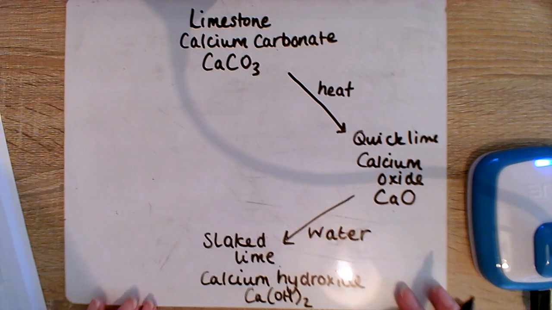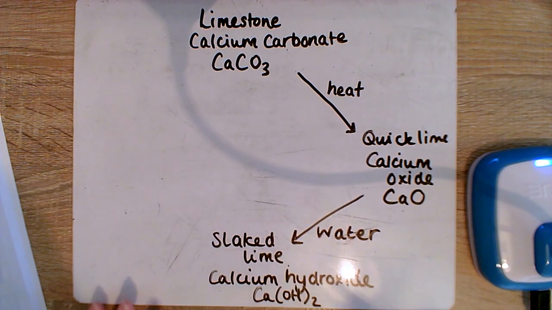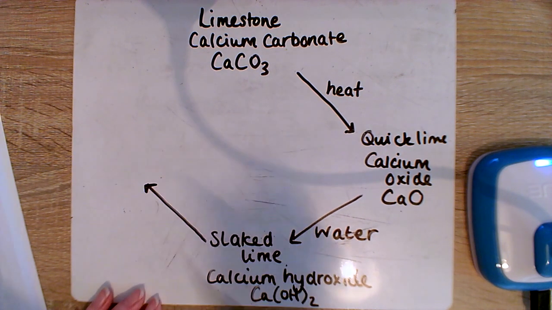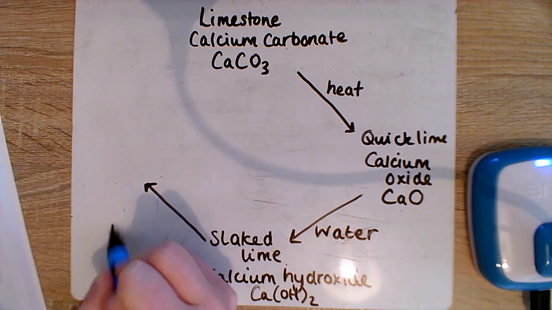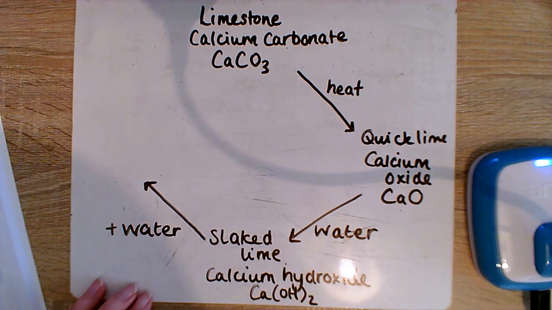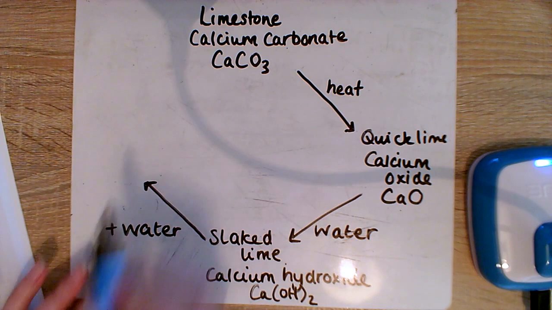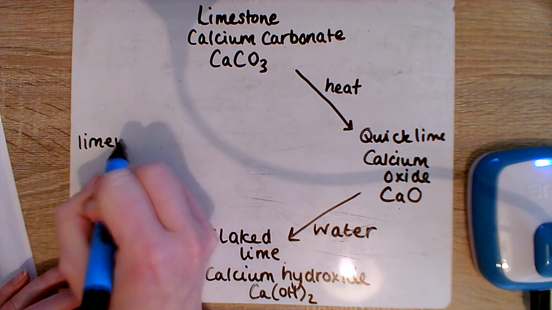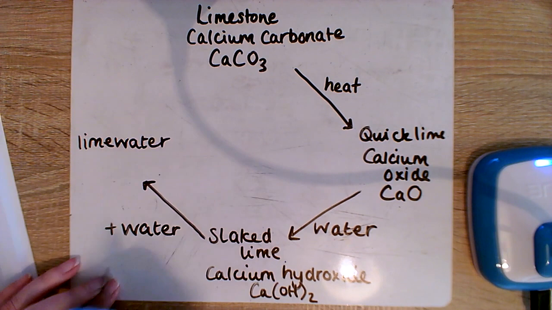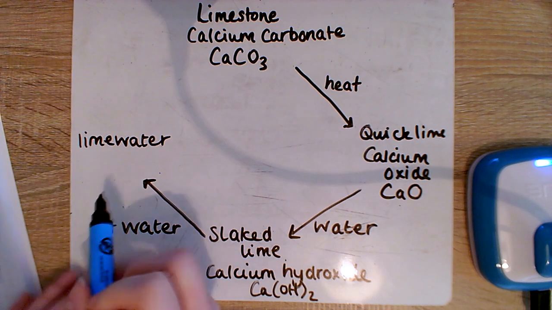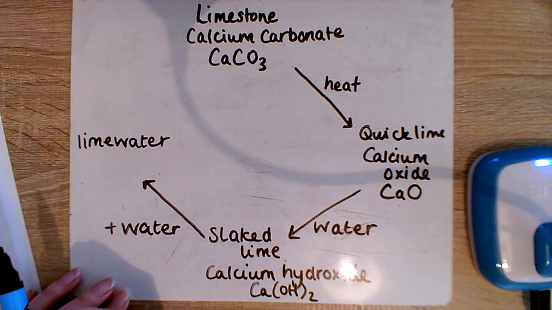Now we're almost there. We've got one more to add into our limestone cycle. We've added water to the slaked lime, and if we add even more water, so keep adding water to the slaked lime and dissolve it, we produce something that we have actually all used, and this is called lime water. So we know about lime water from when we've been testing for carbon dioxide gas, and the formula for lime water is exactly the same.